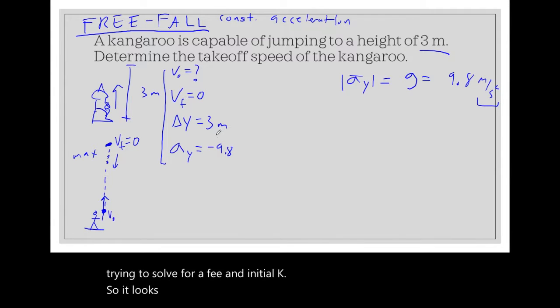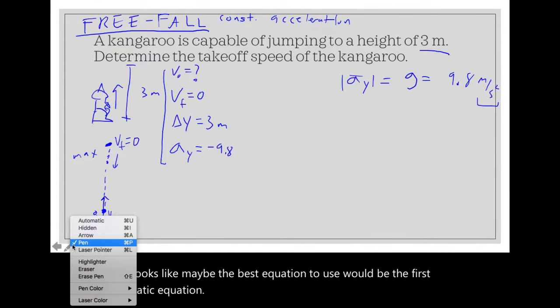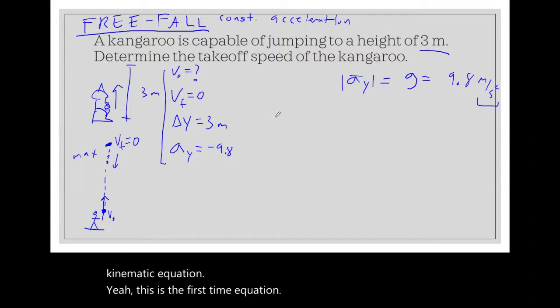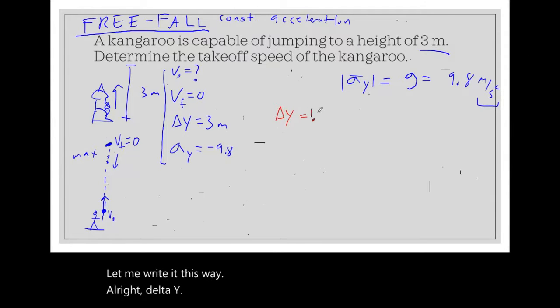So it looks like maybe the best equation to use would be the first kinematic equation. Yeah, let's use the first kinematic equation. Let me write it this way. All right, delta y, the initial y direction.